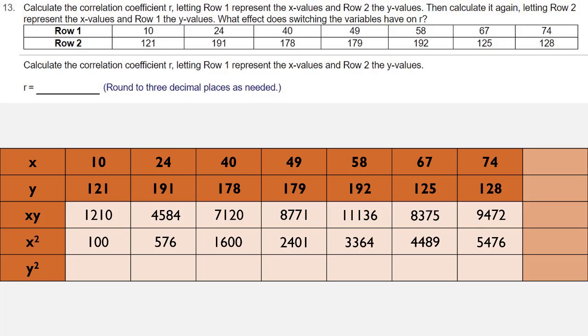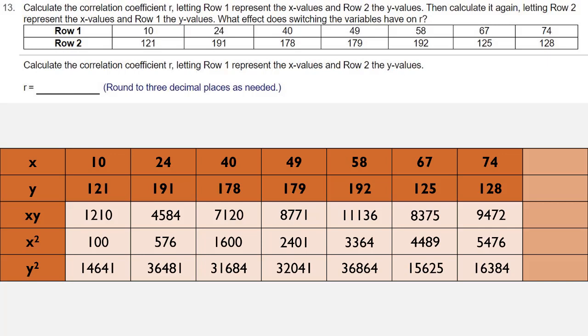For the y squareds, 121 squared is 14,641, 191 squared is 36,481, 178 squared is 31,684, 179 squared is 32,041, 192 squared is 36,864, 125 squared is 15,625, and 128 squared is 16,384.